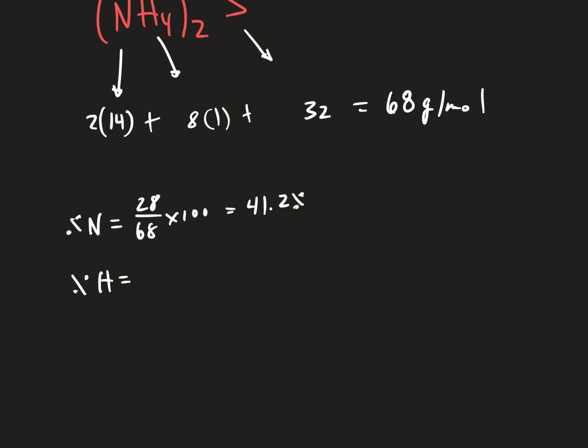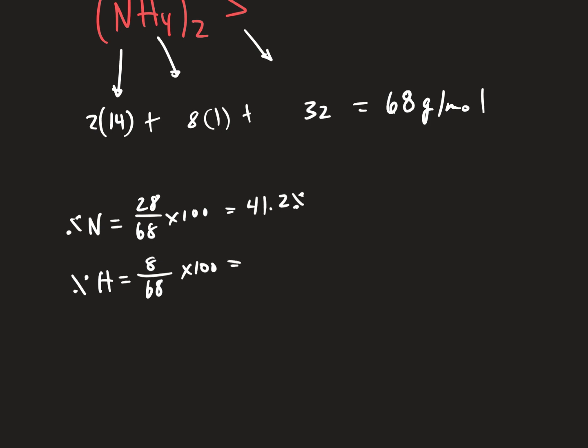Okay, percent hydrogen is going to equal what? What do we do in our calculator? Same thing, but with the 8 times 1, excuse me. Divided by what? Also 68.